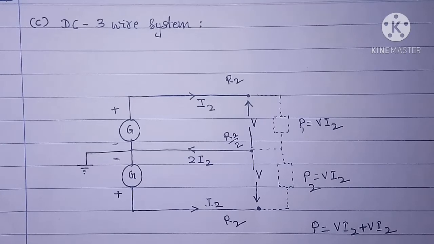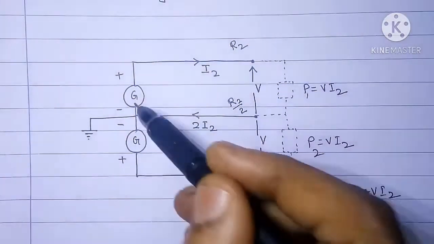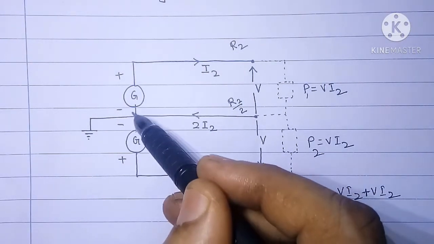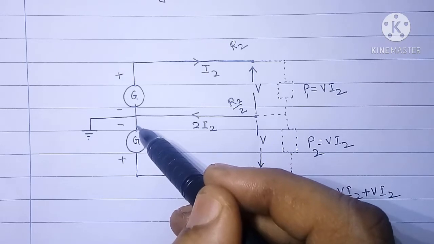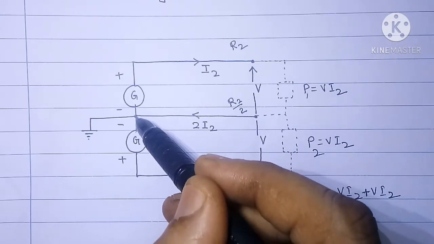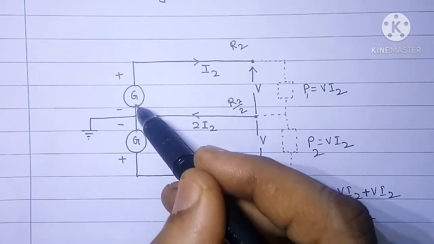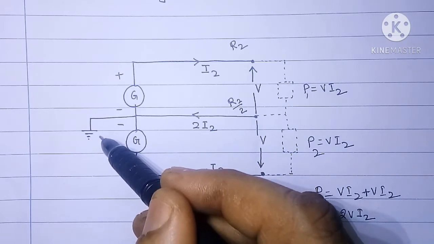In this system you can see here there are two generators, and the negative terminals of two generators are connected together. Midpoint of that conductor connecting the negative terminals of two generators is earthed.